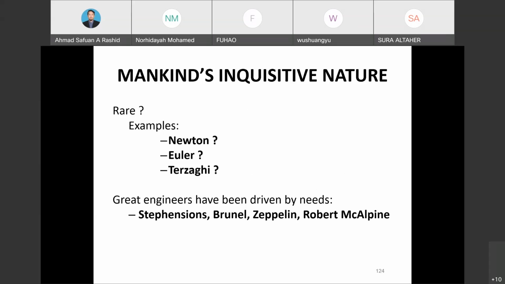As an engineer, perhaps we have the intention to become a good inventor, for example Stephenson, Brunel, Zeppelin, Alpine. Now we have Elon Musk. So at least we should aim to become a good inventor.